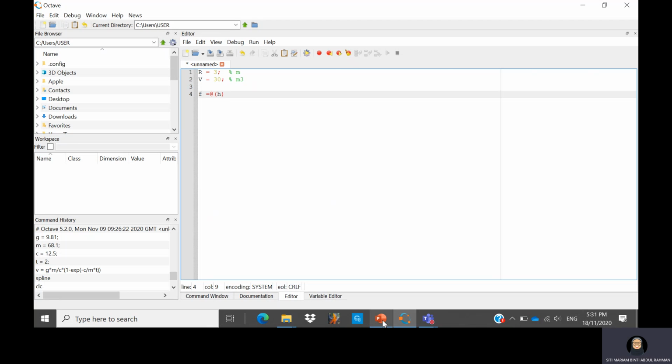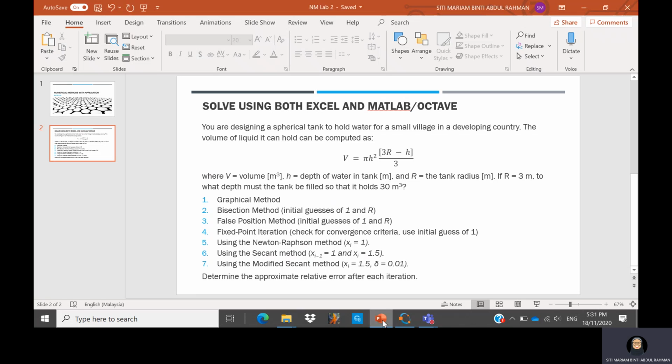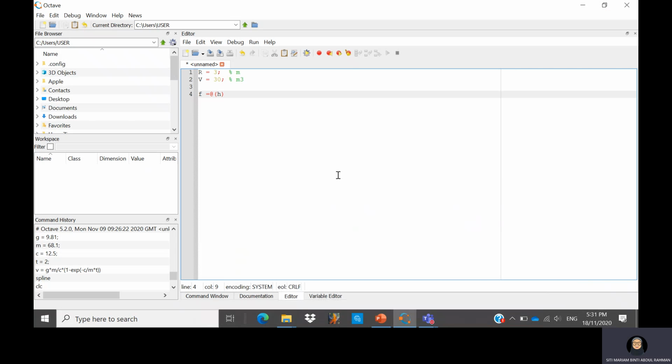The equation that you're going to plot is this, the volume. So you have pi. There's a predefined function for pi, so you can straight away use pi.